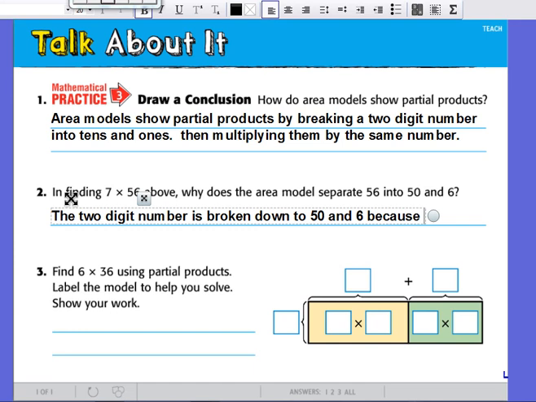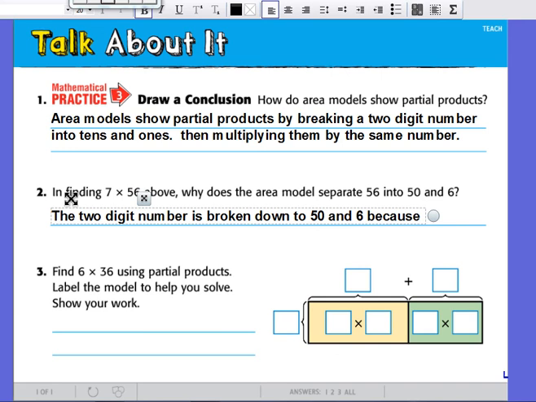What are we trying to do with the area model? Do you remember what I said we get to eliminate? No, that's not what we're eliminating. What do we get to eliminate?